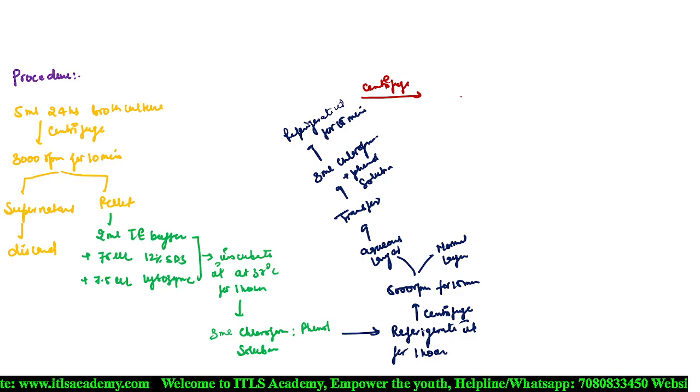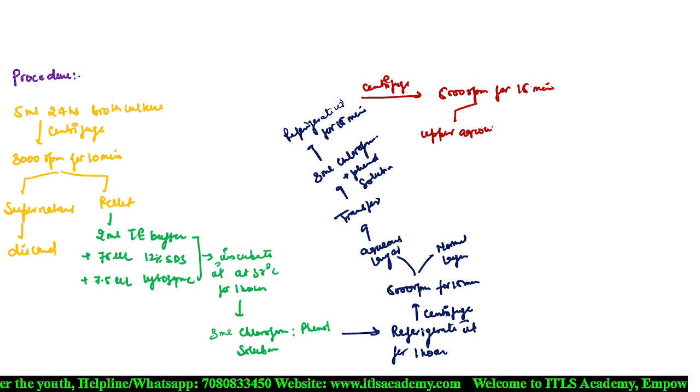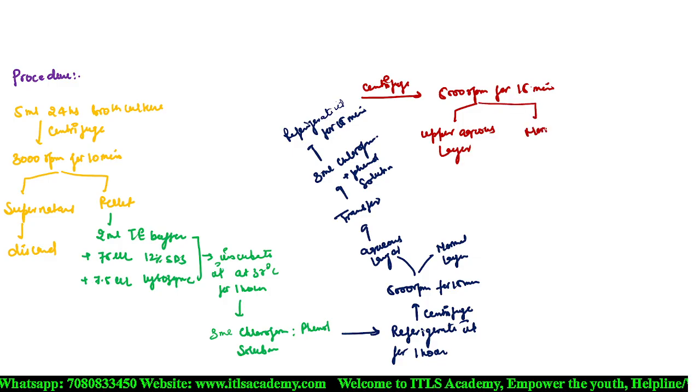This time you have to centrifuge it at 5000 RPM for 15 minutes. Then again you get an upper aqueous layer and another one is your organic layer.